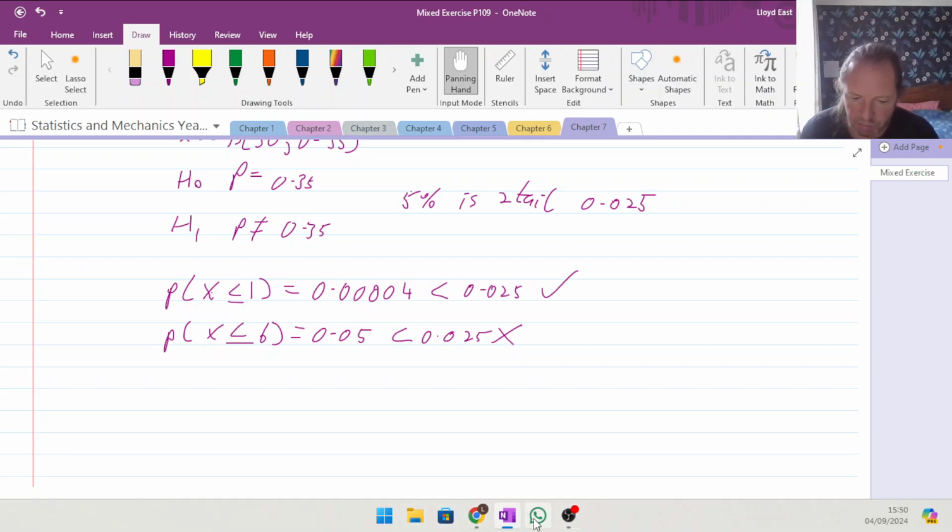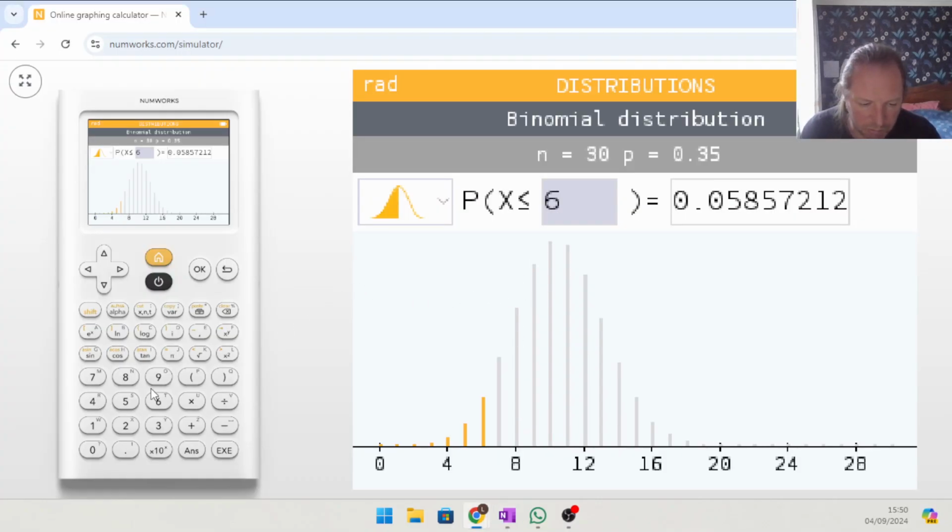Let's do a bit of work on the calculator to actually find it. What would it have been if we had chosen 5? 0.023. Okay, that's it.